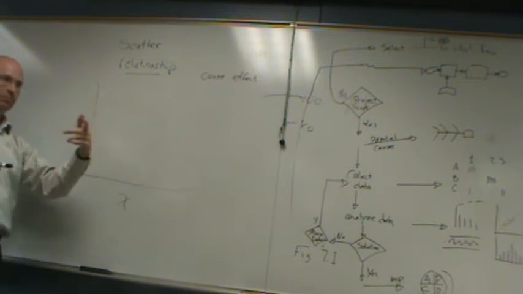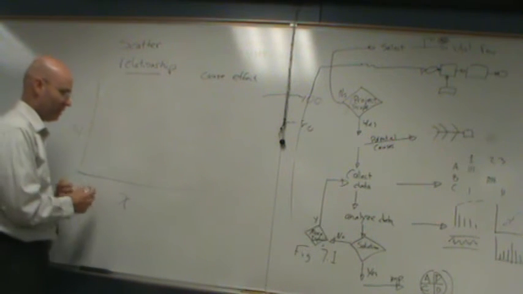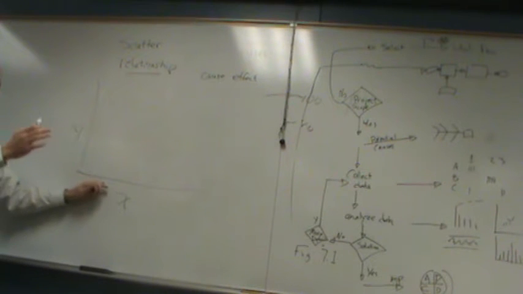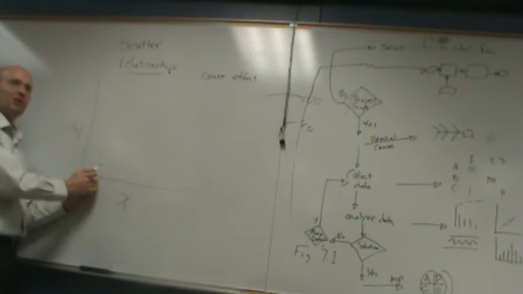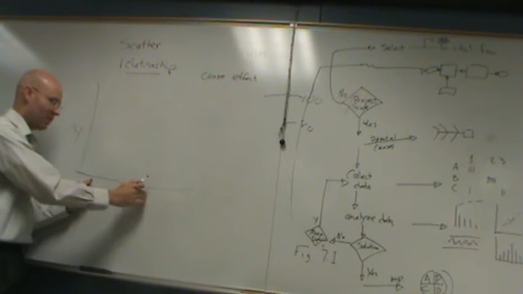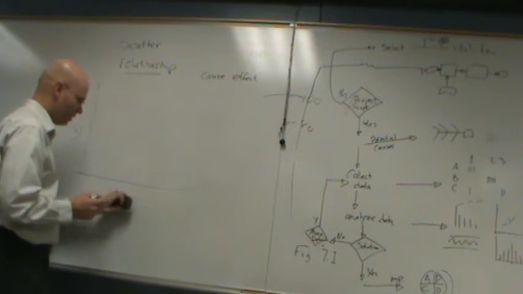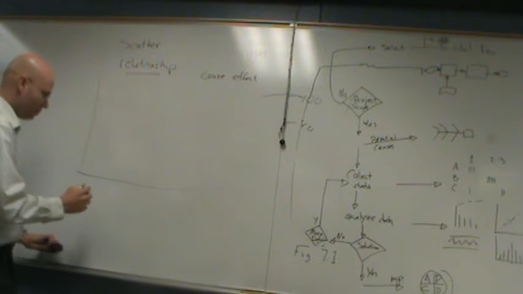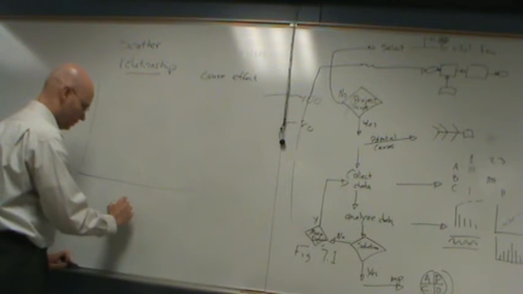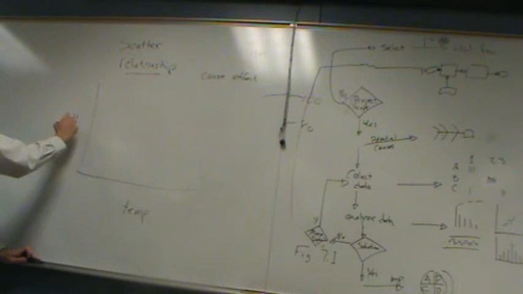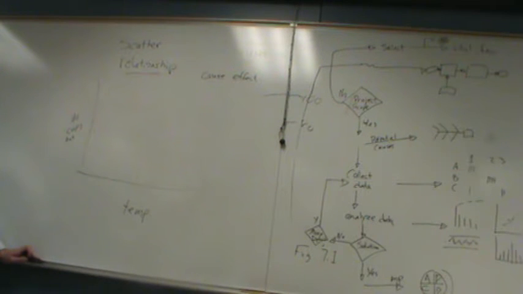Frequently you have units of, for example, one relationship might be temperature at high school football games and the number of cups of hot chocolate sold at the game.